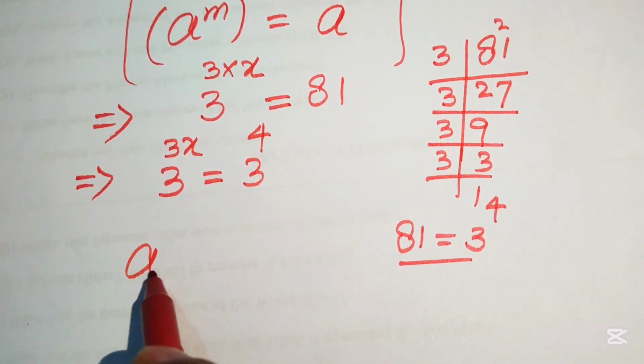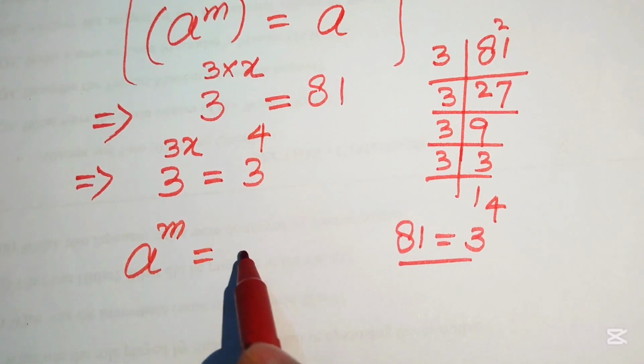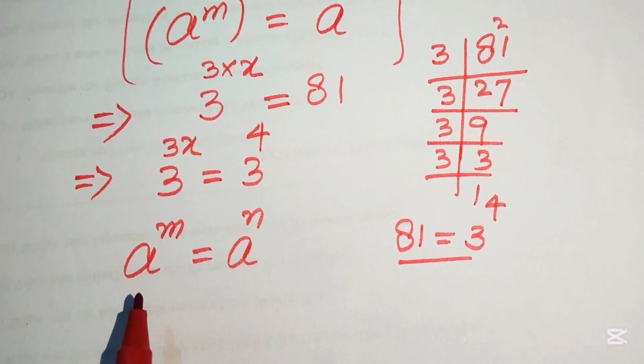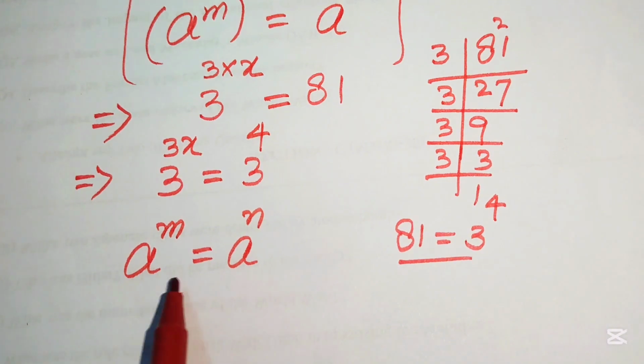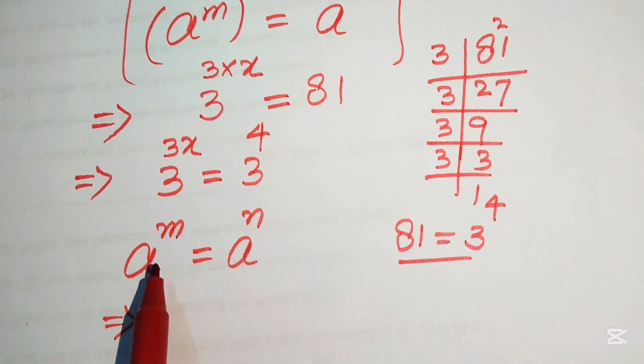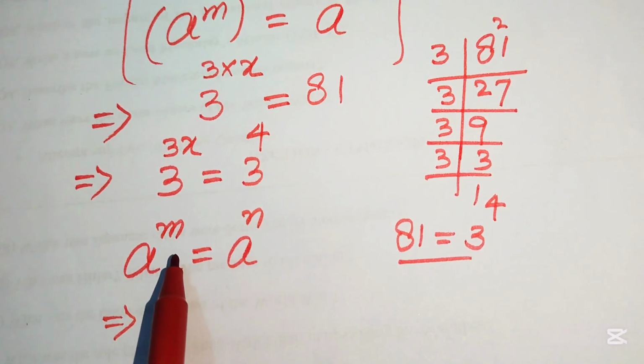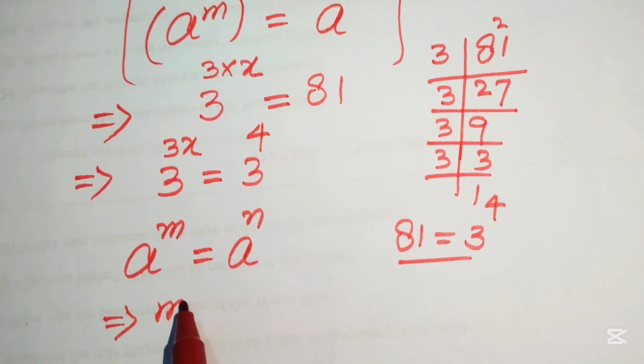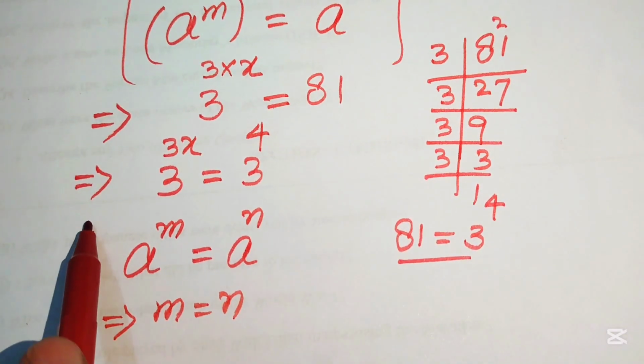We know this rule: if you have a to the power of m equals a to the power of n, so if you have two sides and the bases on both sides are the same, then you just compare or equate the exponents. So when you equate these exponents, you get m is equal to n.